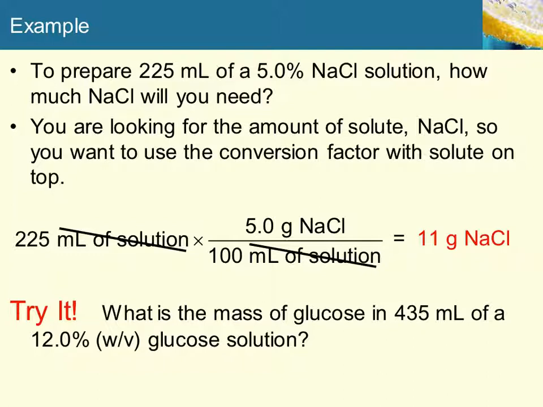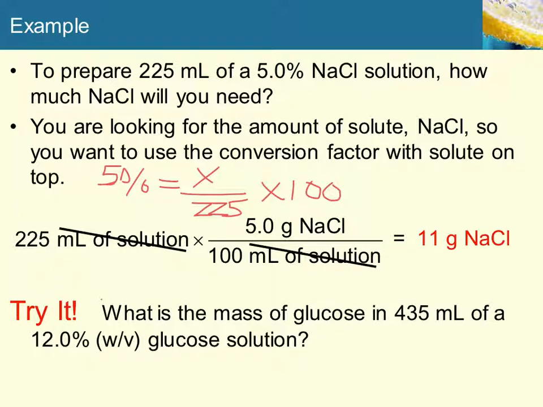So another way that I could solve this is I know that I want to make a 5% sodium chloride solution, and I know that I want 225 mL, and times 100. So this is going back to my original formula. Percent equals either weight times 100, or weight volume times 100, or volume times 100.